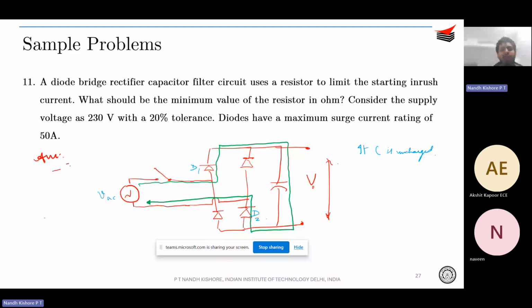Since there is no impedance in the circuit, or the impedance is very minimal, the current would be really large. If C is uncharged, the starting current would be very high, and this is what we call the inrush current.